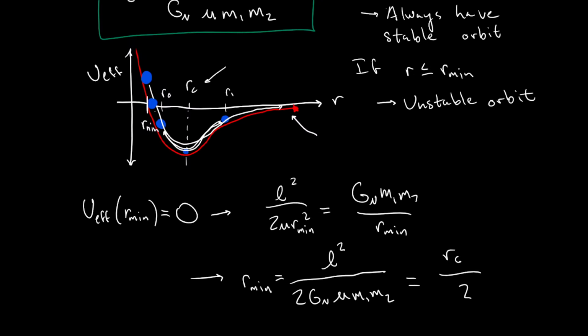It's just half of the circular orbit radius. So if our stars ever get closer than half their circular orbit radius, then they'll fly apart and never see each other again. Okay?